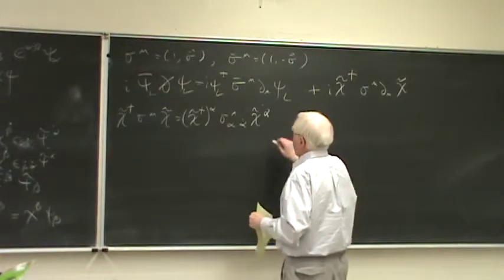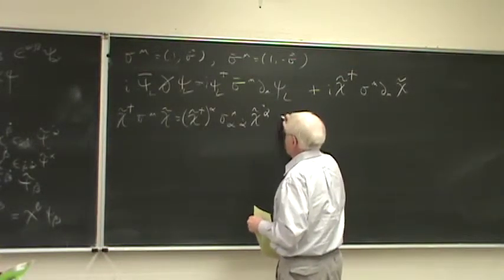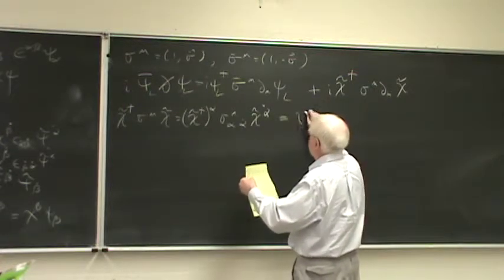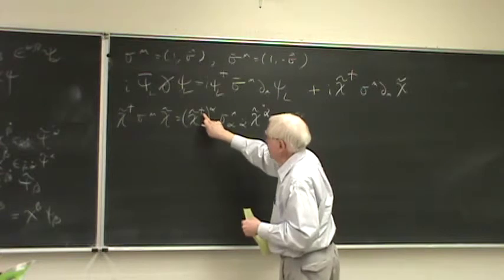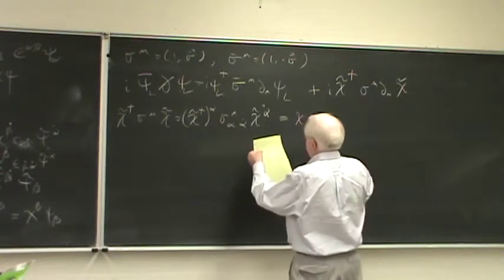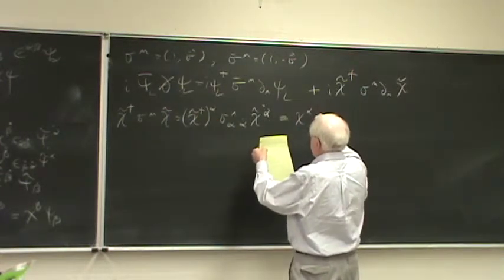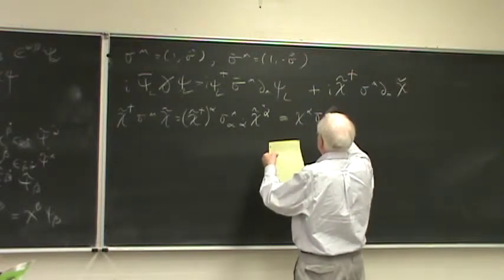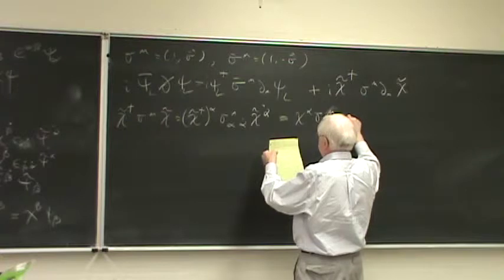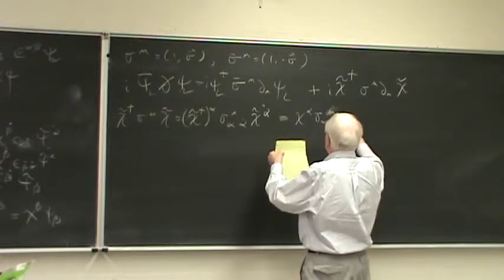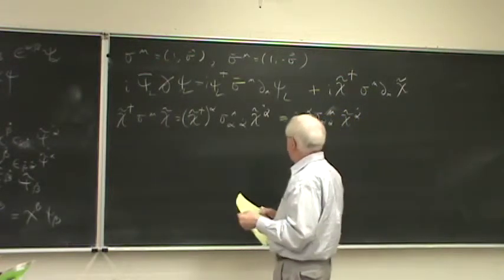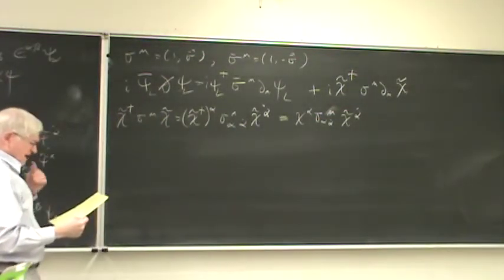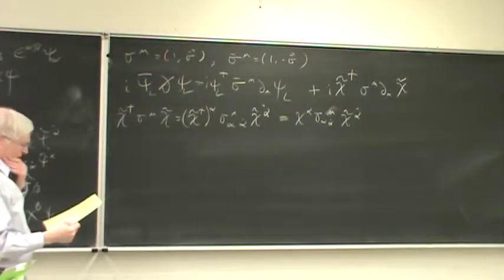And Schwartz actually goes so far as to make this a definition, that the adjoint cancels the tilde, and so what we've got here is chi alpha psi alpha alpha dot mu pi tilde alpha dot.